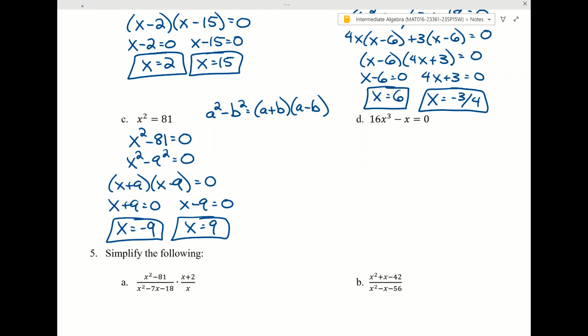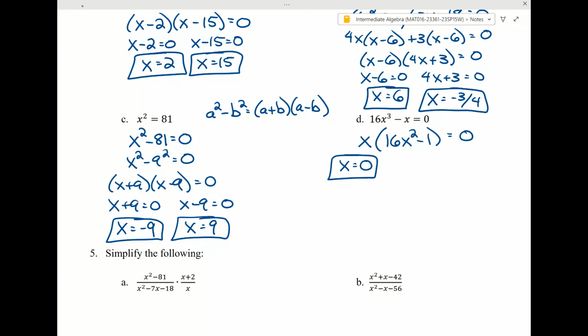Similarly with D, there's only 2 terms, but remember we talked about 3 different types of factoring. We said GCF factoring, grouping, trinomials, and the 4th one was special cases. So a problem like this, we could take out an x, and we have 16x squared minus 1 is equal to 0.